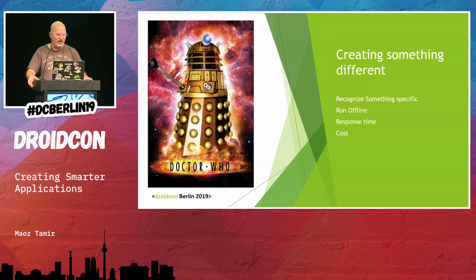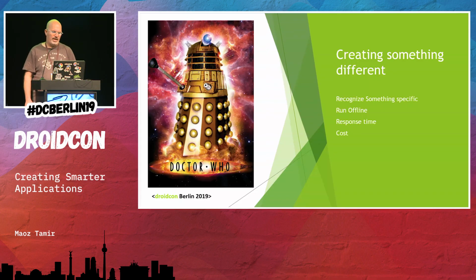So I wanted to help him, and this is actually his arch enemy, the Daleks, and I wanted to do something that will help him to identify them when he is in this disoriented state.